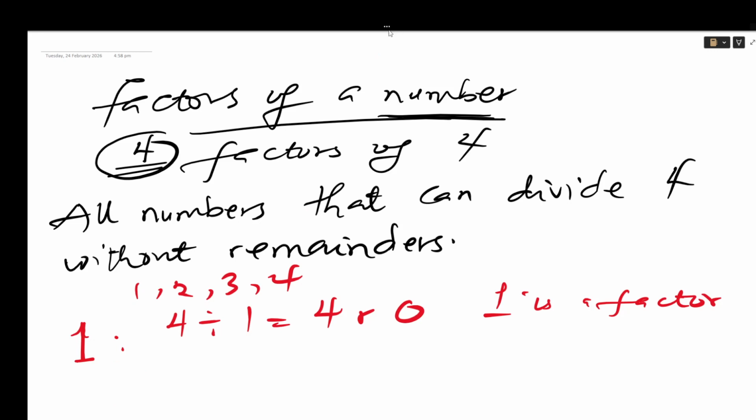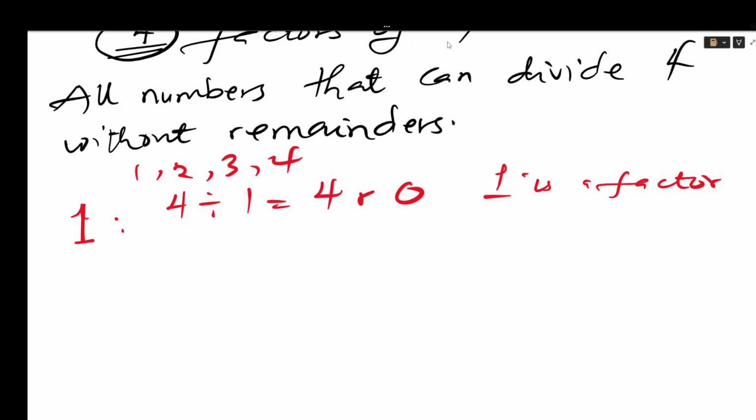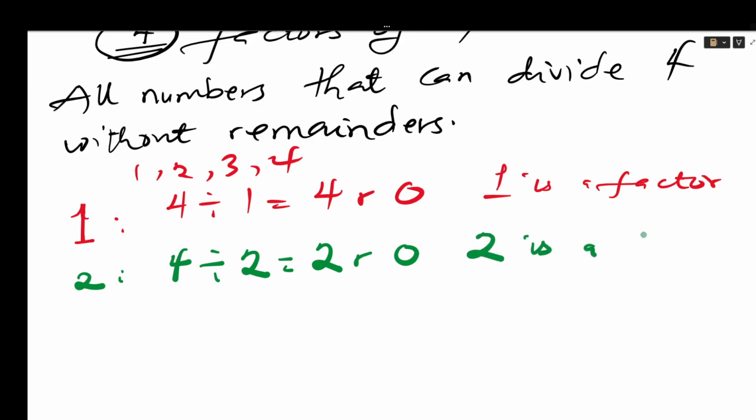Let's move on to 2. 4 divided by 2 is 2, remainder 0. So again, yes, 2 is a factor. Let's move on to 3.